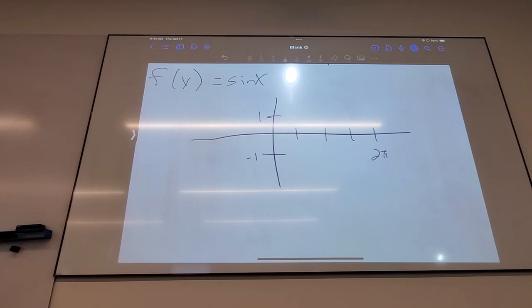Cut that in half. Pi. Cut it in half again. Pi over 2. So what's this other one? 3 pi over 2. And I'm going to do negative pi over 2 also. And maybe even negative pi. So I'm doing this to analyze eventually. We're going to analyze what this guy is.